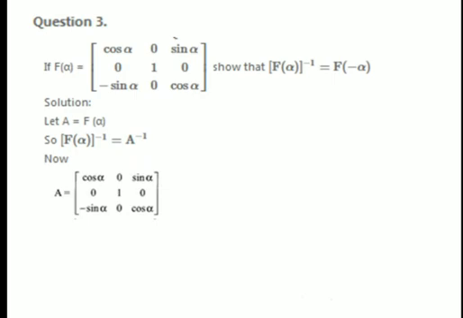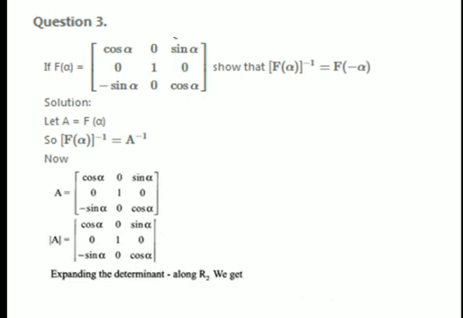So you take A as the matrix. Then you find the modulus of A. Expanding the determinant along R2, we get modulus of A equal to 1, which is not equal to 0. So A inverse exists.